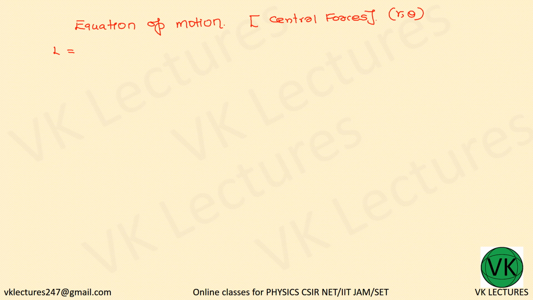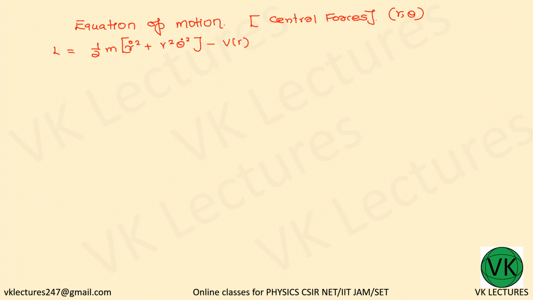So L is equal to half m times r dot square plus r square theta dot square. This is the kinetic energy, minus V of r, the potential.